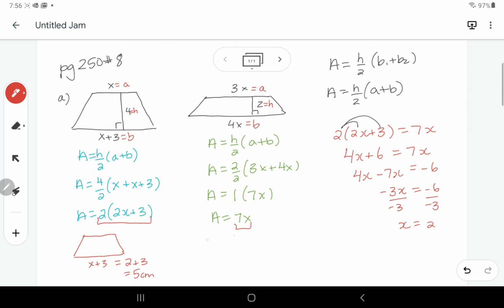And in the second shape, the base was 4x. So if x equals 2, it's 4 times 2, or 8 centimeters. So the base of the first trapezoid is 5 centimeters, and the base of the second trapezoid is 8. If you wanted to find the tops, you could do that as well and double check your area formulas.